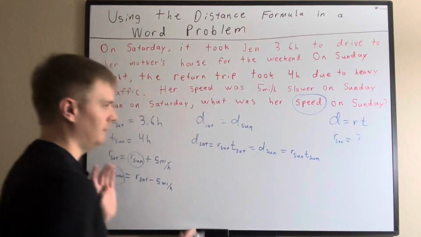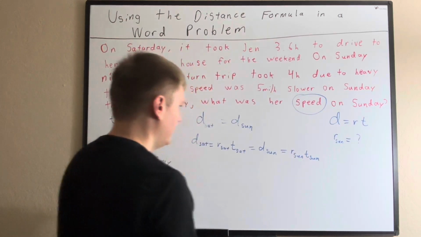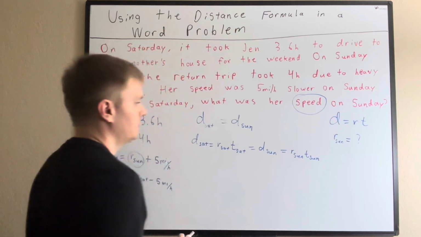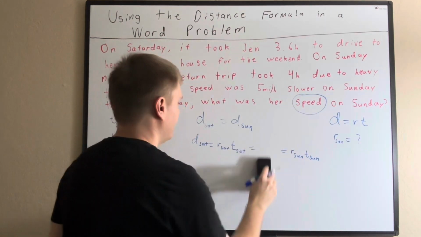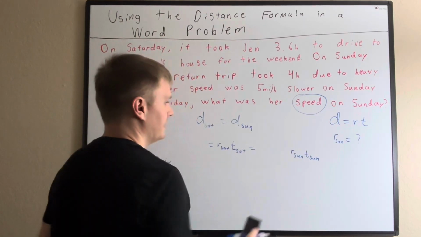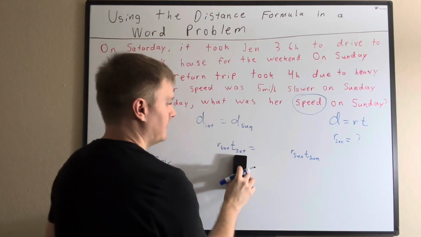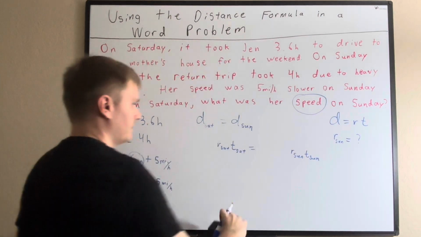Whoa, wait a minute. All these things are equal? Yes. So we can just take out the distance on Sunday and the distance on Saturday and say rate of Saturday times the time on Saturday is equal to the rate on Sunday times the time on Sunday.